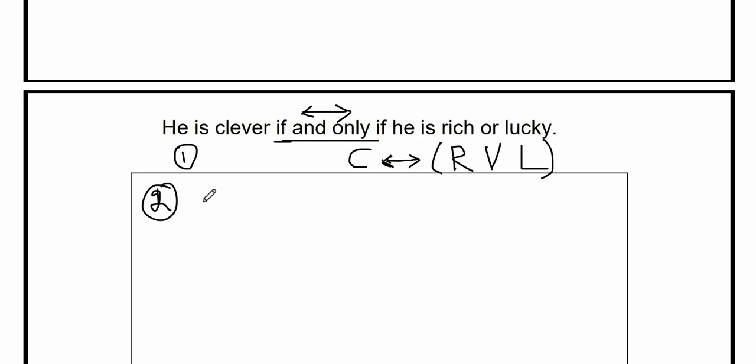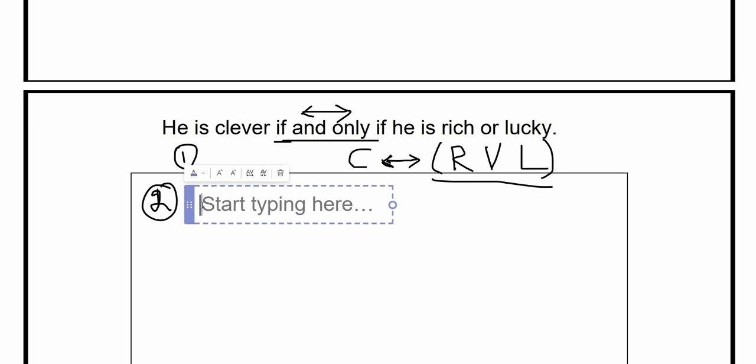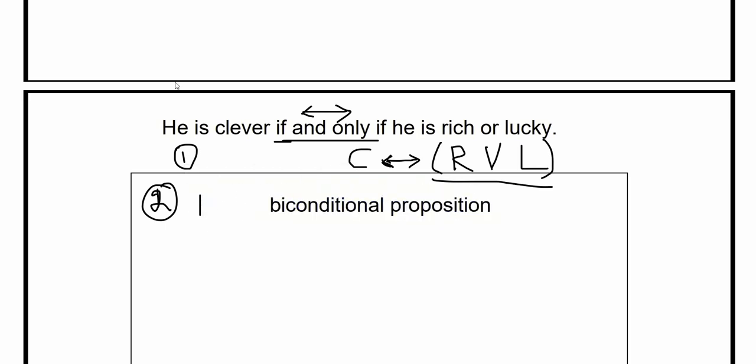So first we have to solve this, and then this will be the dominant type. So this will be a biconditional proposition.